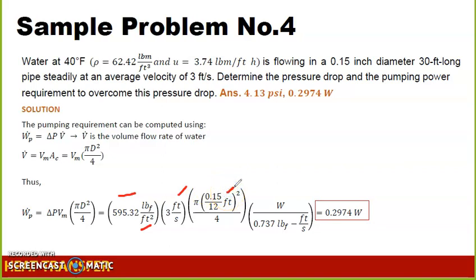If you look at it, the resulting unit for this one is pound-force feet per second. So we need to convert it to watts so that we have SI units. This is the conversion factor of pound-force feet per second to watts. That's why we have 0.2974 watts.